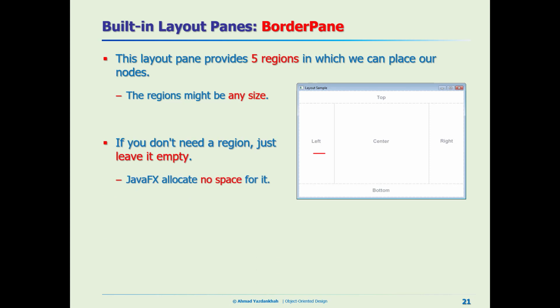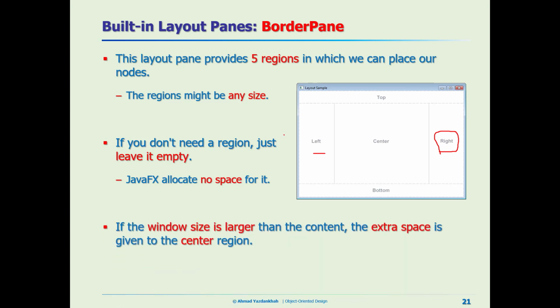If you don't need a region, let's say in your code you don't need the right region, just leave it blank. This layout manager is smart enough to make it empty and it does not specify any room for that. And when you resize the window, it maintains these regions separately.